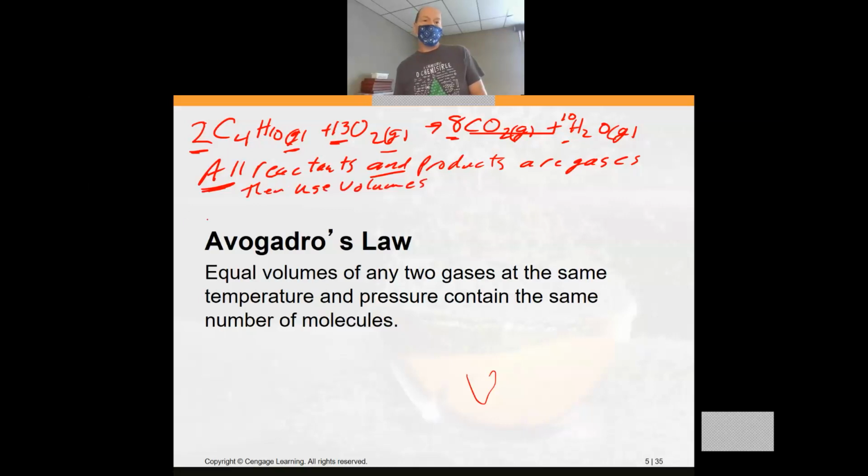And so you would say 2 liters of butane gas would react with 13 liters of oxygen gas to produce 8 liters of CO2 gas and 10 liters of H2O gas. Again, they all have to be gases.